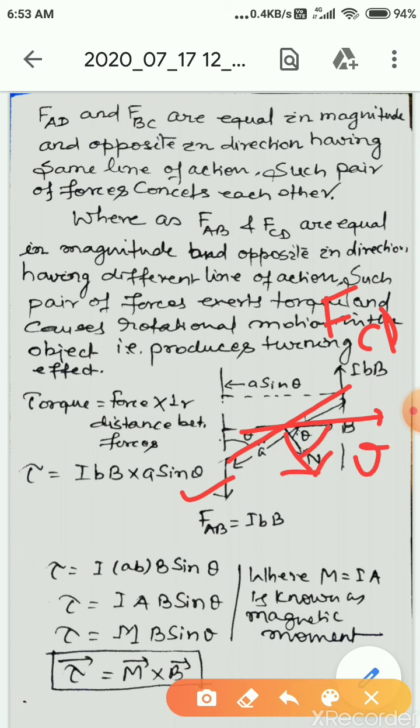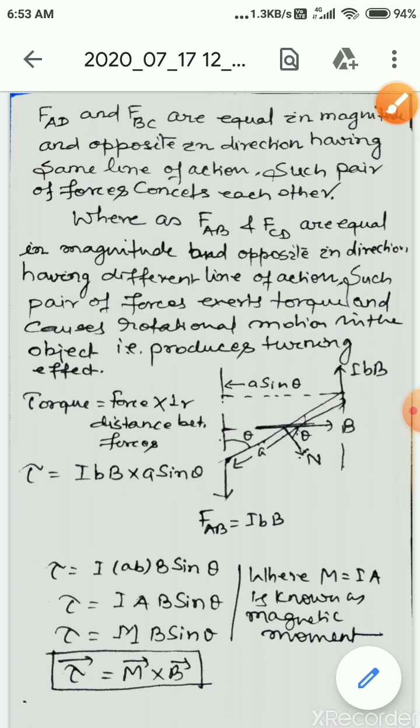Angle between the two sides is equal to the angle between the perpendiculars on the two sides. So this is perpendicular to this side, this is perpendicular to this side, so the angle between them is equal to the angle between the perpendiculars. So this angle is theta.